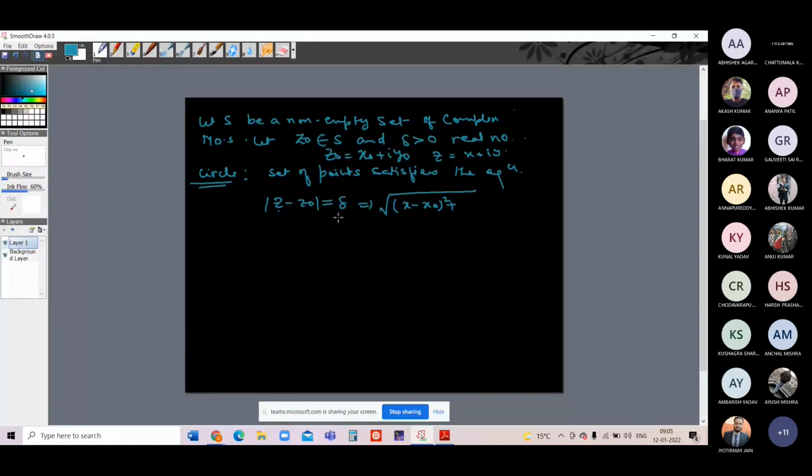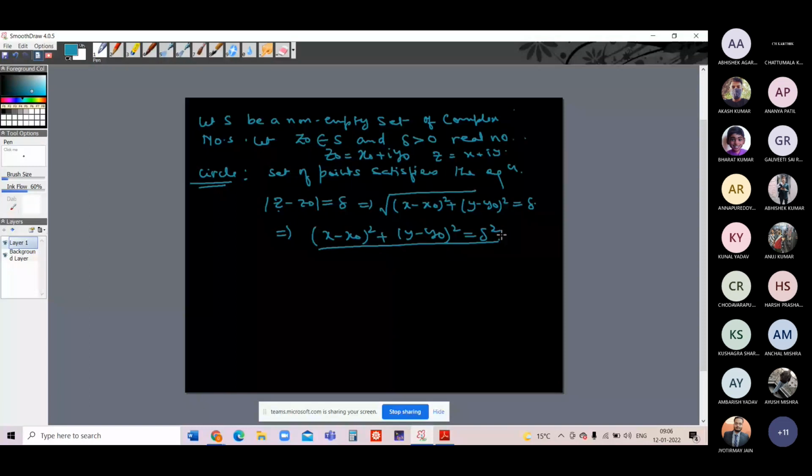This equals delta, or this can also be written as x minus x naught square plus y minus y naught square is equal to delta square. So it is a circle whose center is x naught comma y naught and radius is delta.